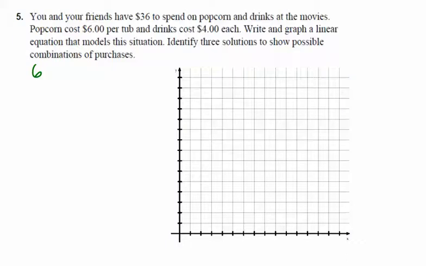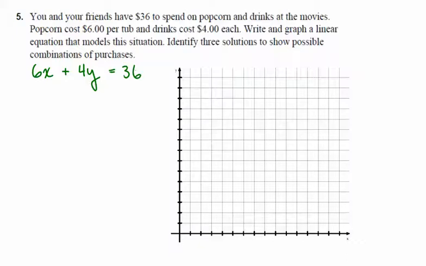And we haven't said here, but we're going to let x be the number of tubs of popcorn. So $6 times the popcorn, which would be 6x. And then drinks are $4, and we're going to let y be the number of drinks that we have. So 6x plus 4y has got a total of $36.